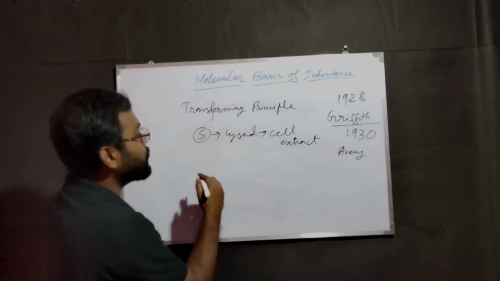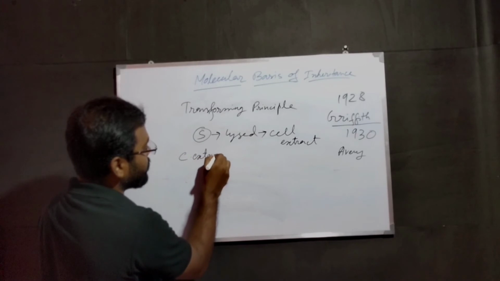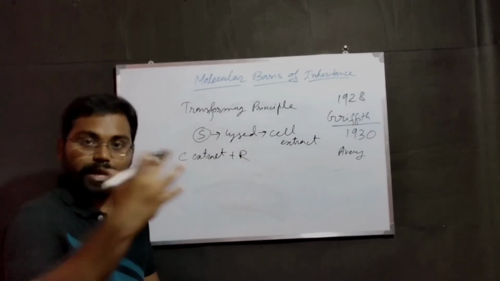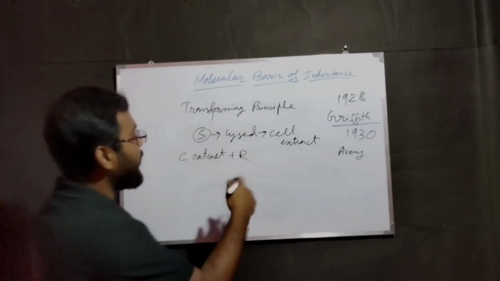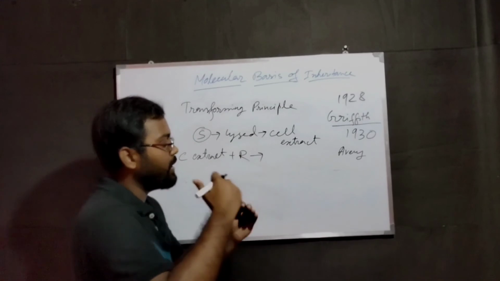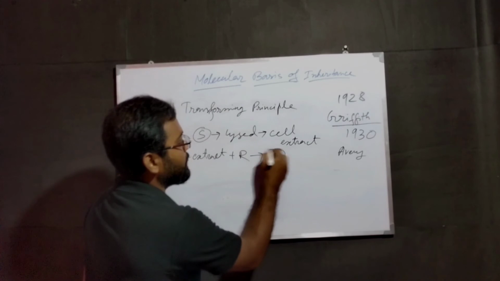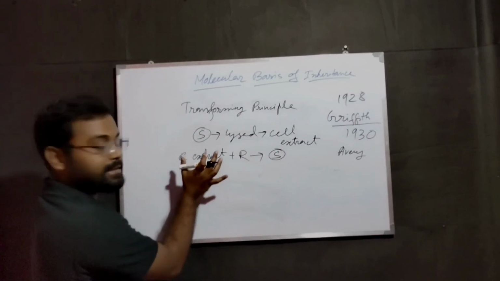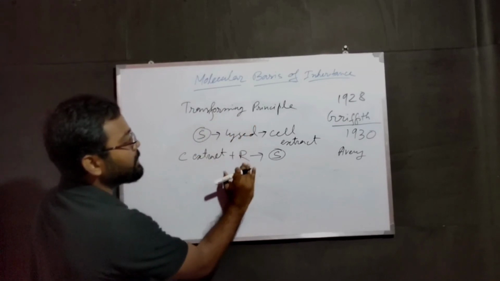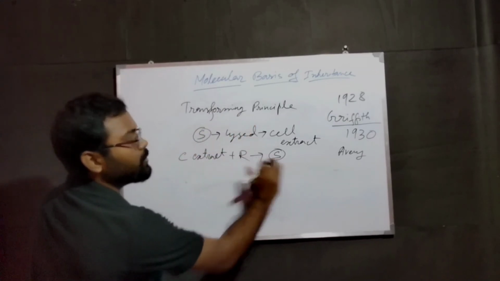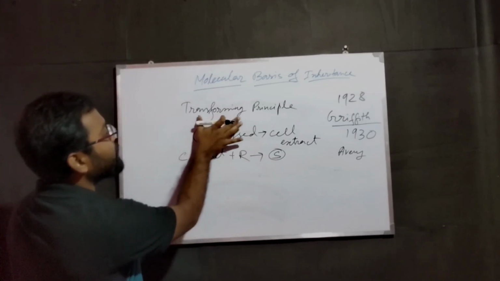They mixed this cell extract with the R type of bacteria that are non-virulent, and they found that the R changed to S. That means this cell extract has the transforming principle, which makes R into S.